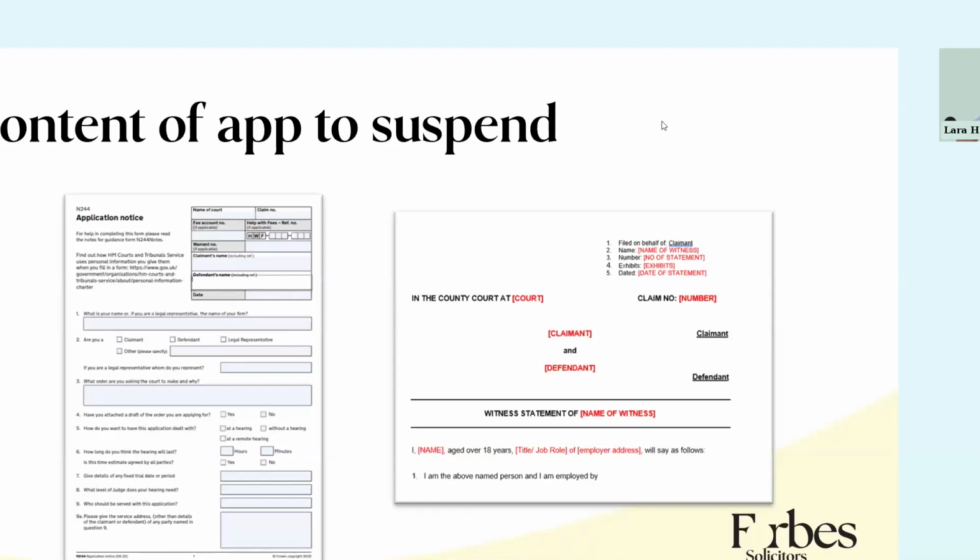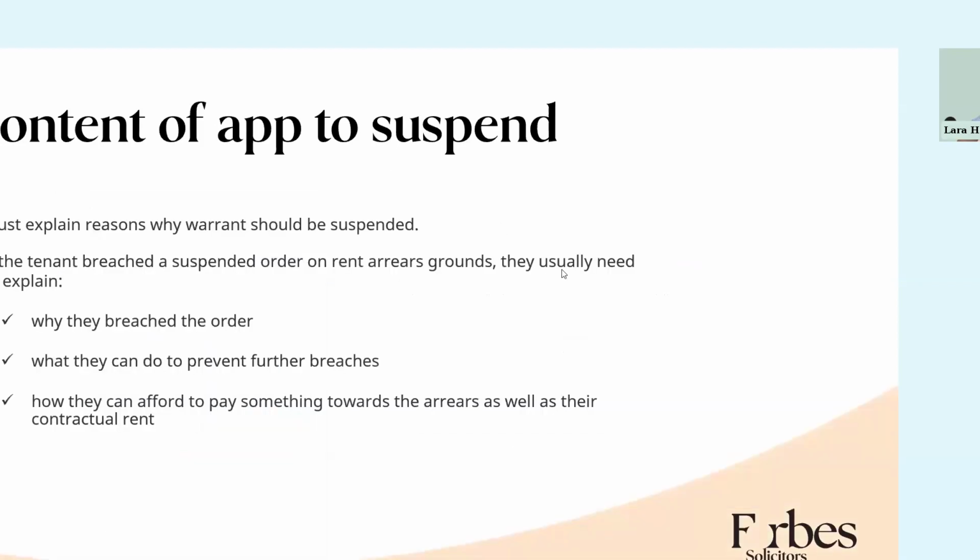Okay, so that covers the content of the application to suspend. As part of the application to suspend the warrant, the tenant must explain why they want the warrant to be suspended, and they can set out their reasons within their statement.